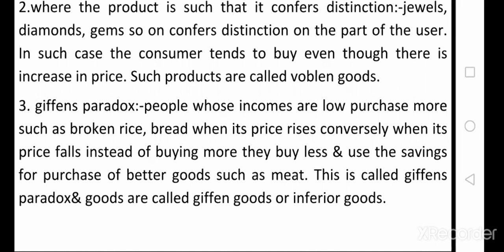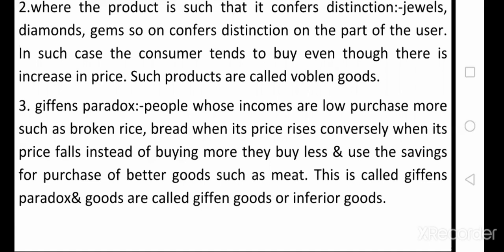The high class people are ready to purchase these types of goods when the price increases, not when the price decreases. If the goods' price increases, they feel that purchasing this type of product is their prestige. So in these situations, when the price of Veblen goods increases, the demand increases.